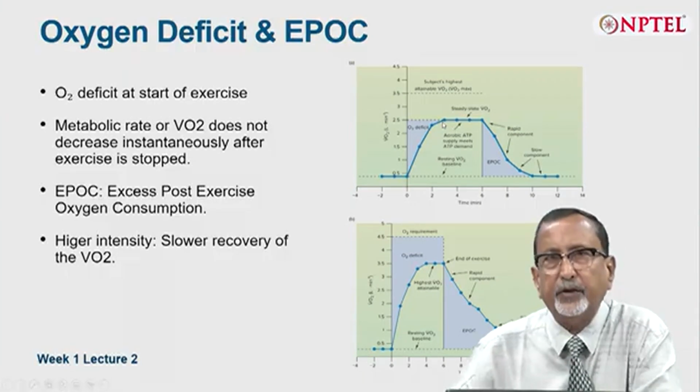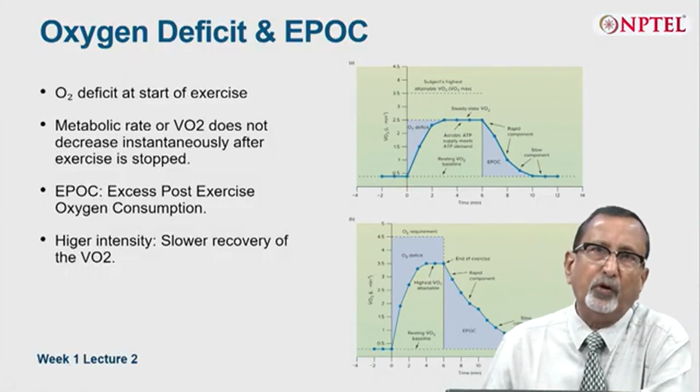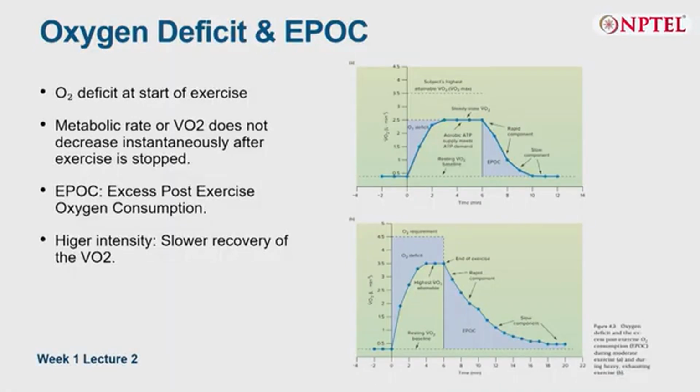The faster rise is because they have better oxygen uptake capacity in the initial phase of the exercise. So faster kinetics allow less PC depletion and less lactic acid formation.